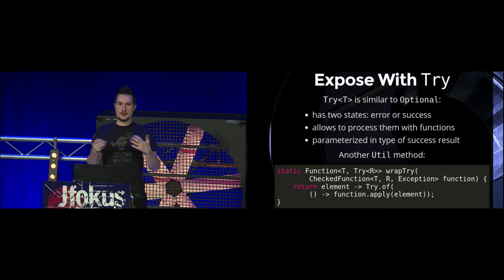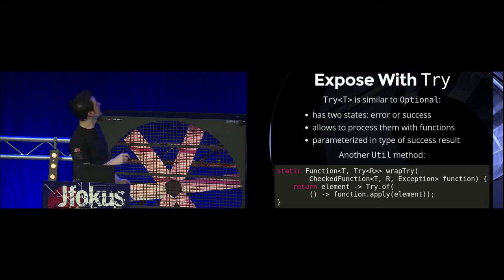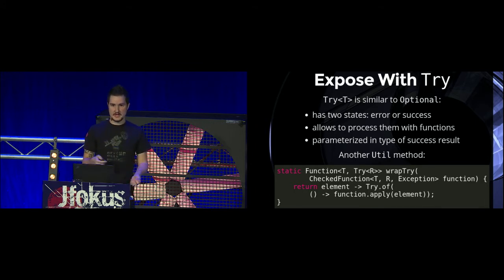And then later you can query which state it is in, or much like with optional, you can then map or flat map or do whatever you want on these results. So you create another util method, which again has the goal to go from this checked function to a normal function. And this time we just take the element that we get and apply this function, which throws the exception. And Try will then catch that and go to the success or failure state.